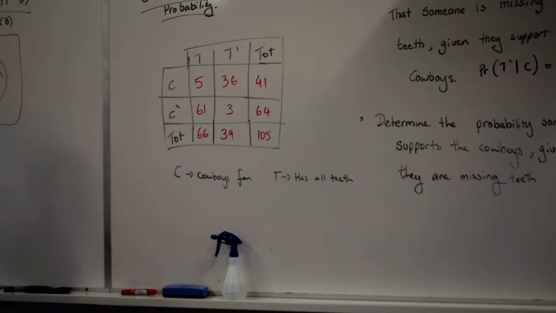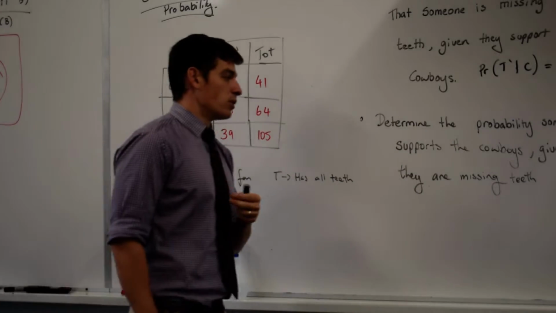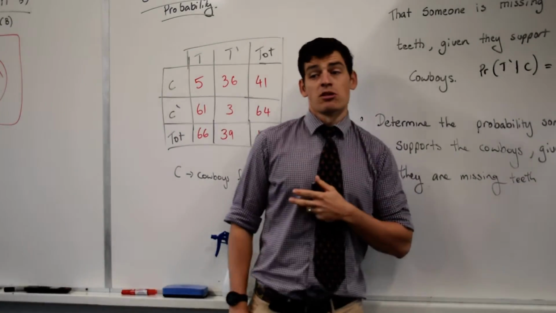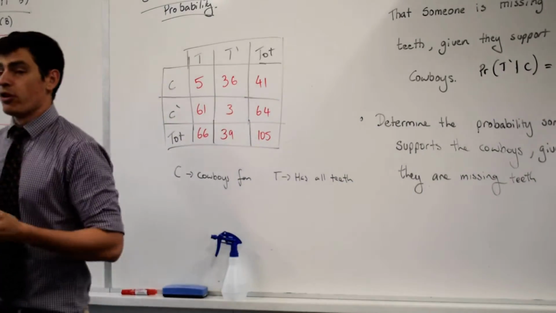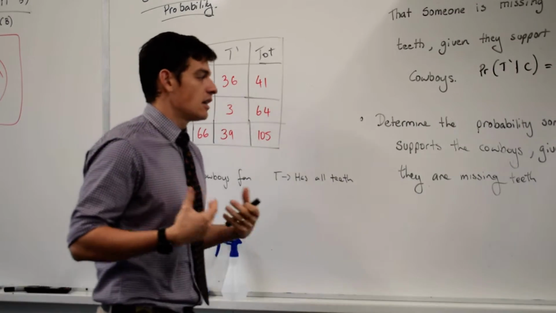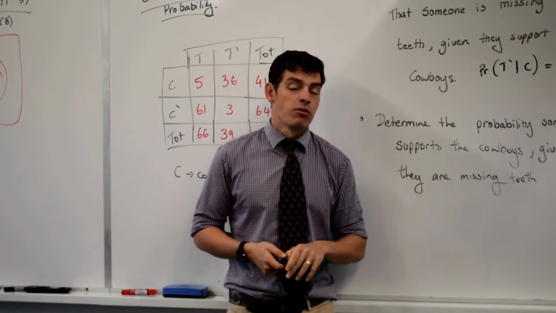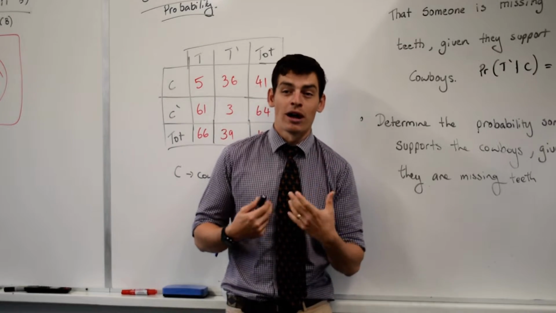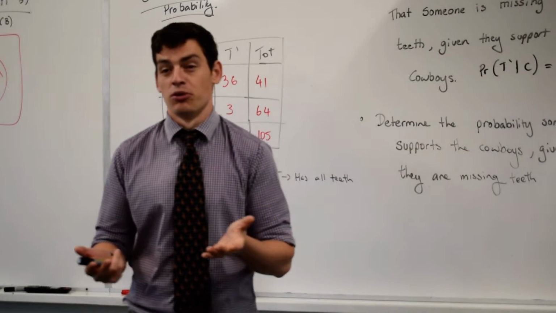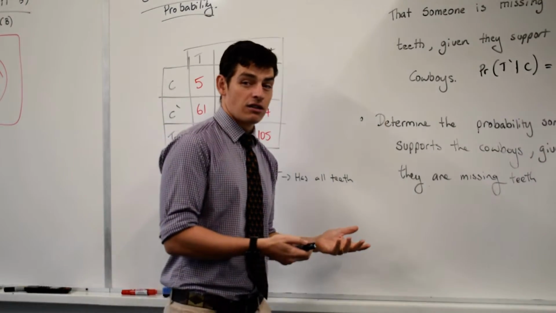For the second one, determine the probability that someone supports the Cowboys given their missing teeth. So at the same club, this person's not wearing any league kit. They're just sitting there in the area, enjoying some dinner, but I see them missing teeth. So I walk up to them and say, what team do you support? What's the probability that they're a Cowboys fan?